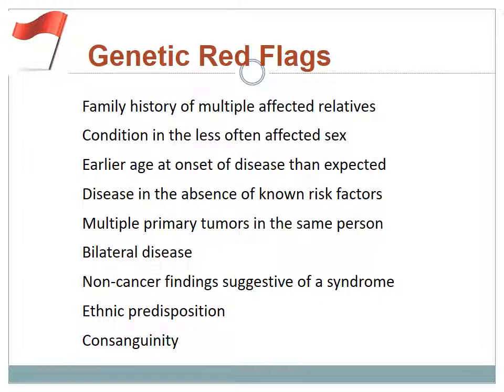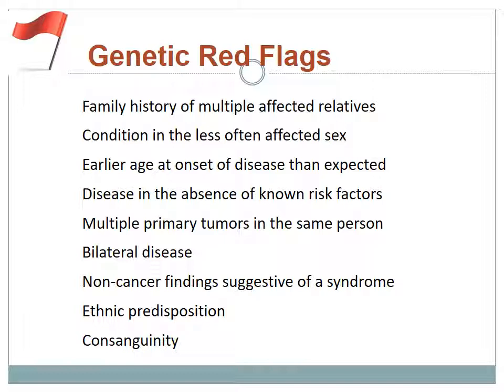As a genetic counselor, when doing a family history, you look for genetic red flags. You look for a family history of multiple affected relatives. You look for the condition in the less often affected sex, for example, breast cancer in a male. You look for an earlier age of onset of a disease than expected.